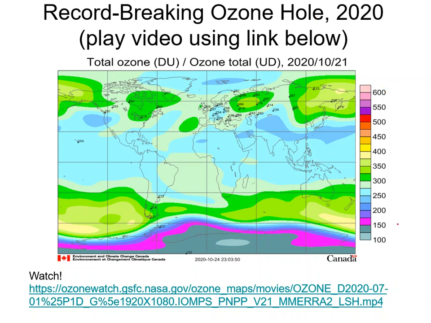And the Dobson units are what's used to measure the thickness of it, but basically the colors are on the right with the key, and the average ozone thickness is somewhere around 250 to 300. That's pretty typical, especially in the middle of the Earth around the equator and north and south of it.